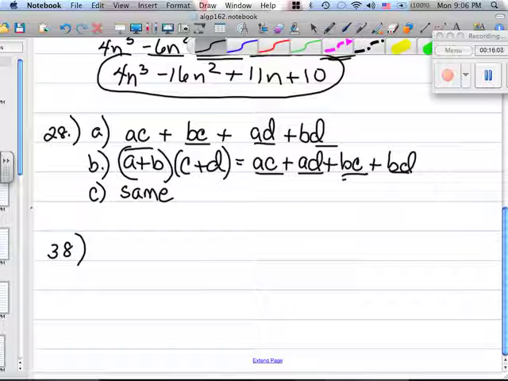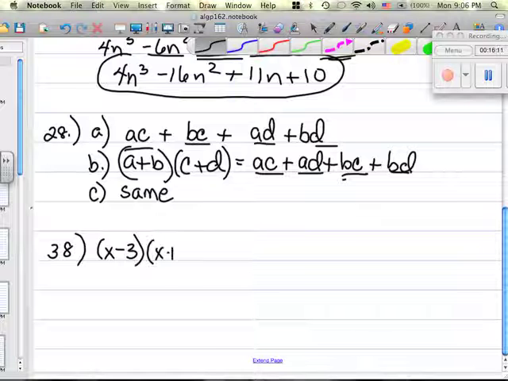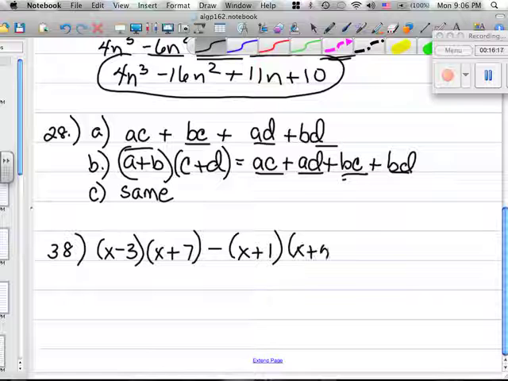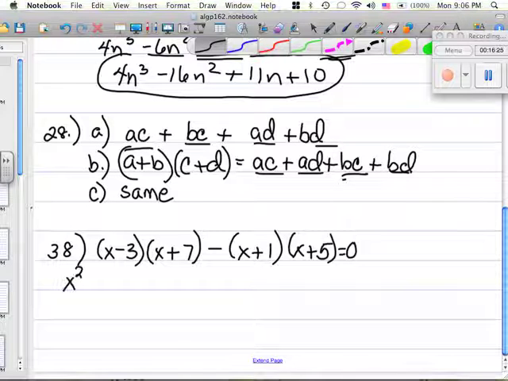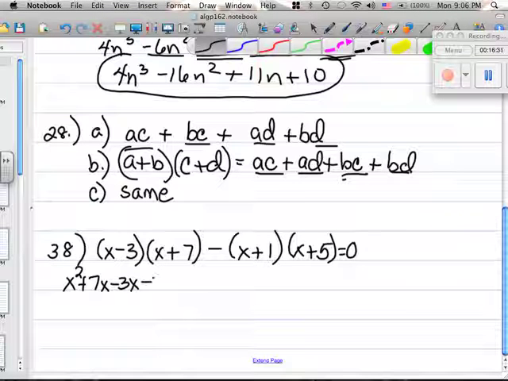You have x minus 3 times x plus 7 minus x plus 1 times x plus 5 equals 0. So using FOIL on the first pair of binomials, we get x squared, outer term, plus 7x, inner term, negative 3x, last, negative 21.